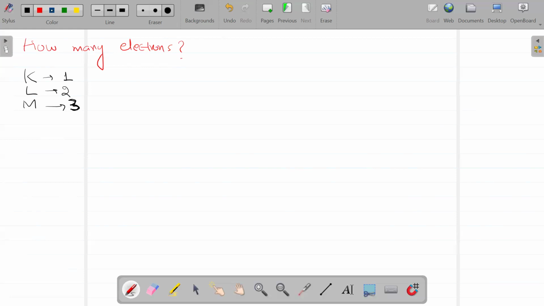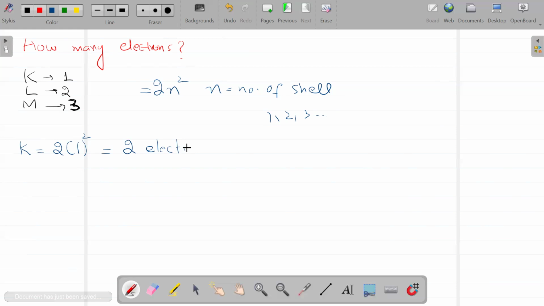For this we use a formula, 2n², where n is the number of the shell, like 1, 2, or 3. First we find how many electrons K can accommodate. Put the value of n as 1 and the answer comes out to be 2, so it can only accommodate 2 electrons.